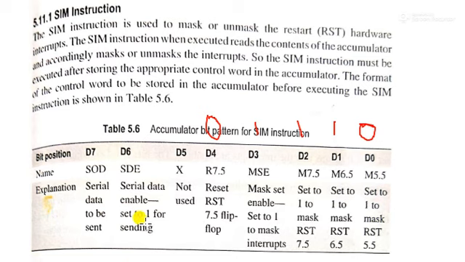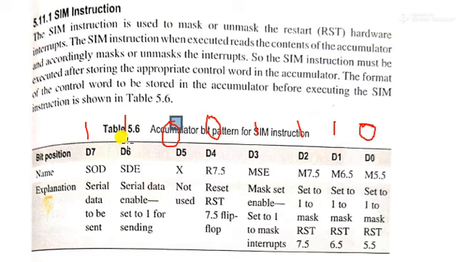So complete the example: here it is 0, here it is 1, here it is 1. From this example, we can understand that RST 5.5 is allowed, RST 6.5 is not allowed, and RST 7.5 is allowed using the D4 bit, and this condition is valid when the D3 bit is 1.